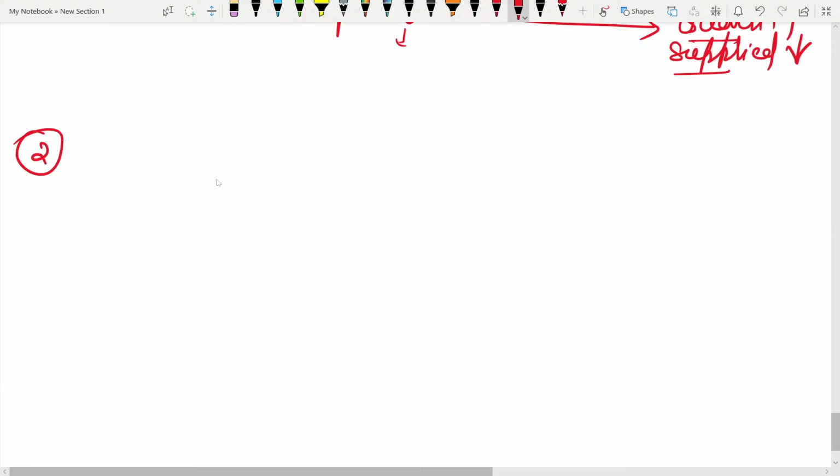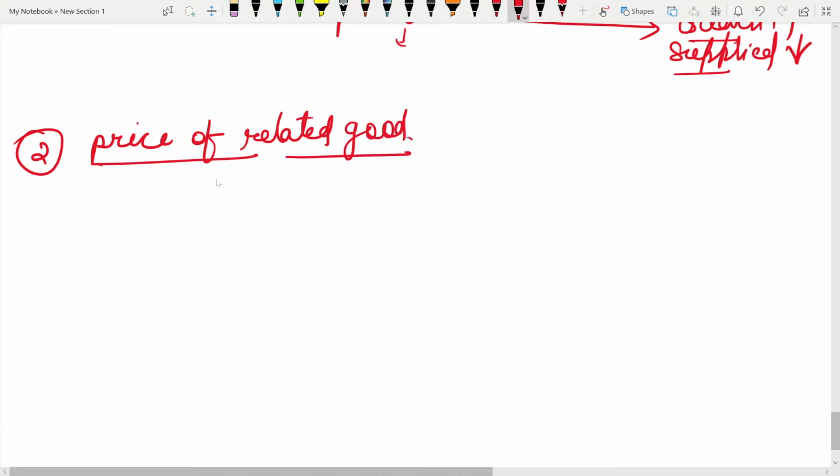Now the second point, price of related goods. Before going through this term, let me tell you first what price of related goods is and what kind of goods fall in this category.